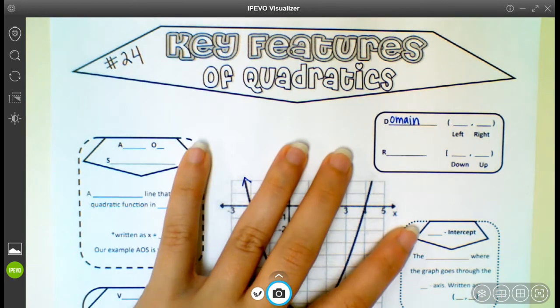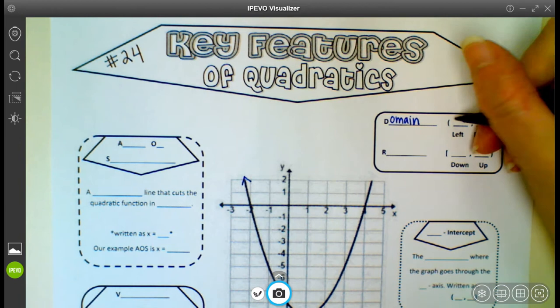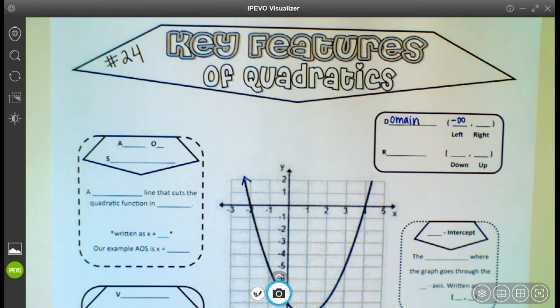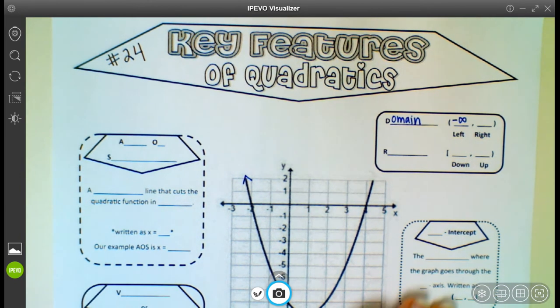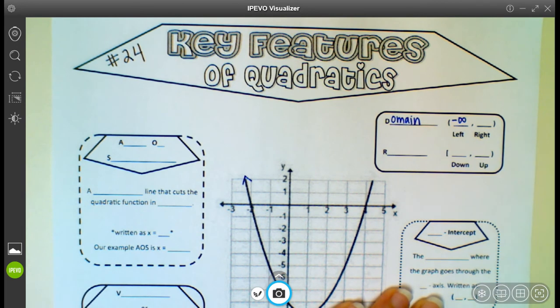So the domain on the far left-hand side of a U shape continues towards the negative numbers infinitely. We call that negative infinity, and we use a parenthesis because you can't be at infinity. It just keeps going and going.